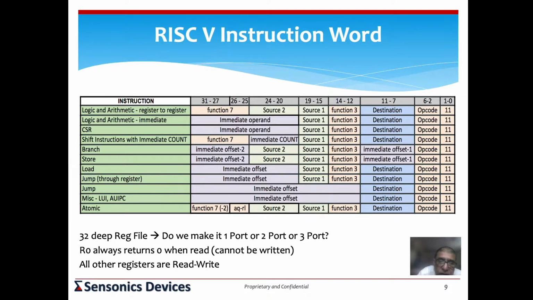But more interestingly, when you don't want to write anything, you can actually write to register 0, and the instruction would go through without the actual write, which means that many instructions can actually be pseudo instructions based on specific values assigned to source and destination registers.